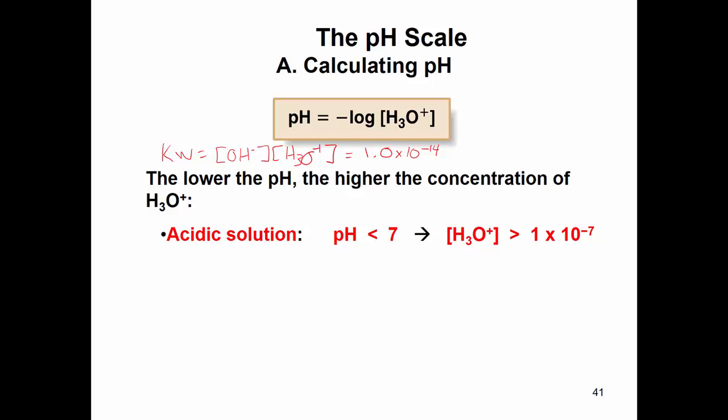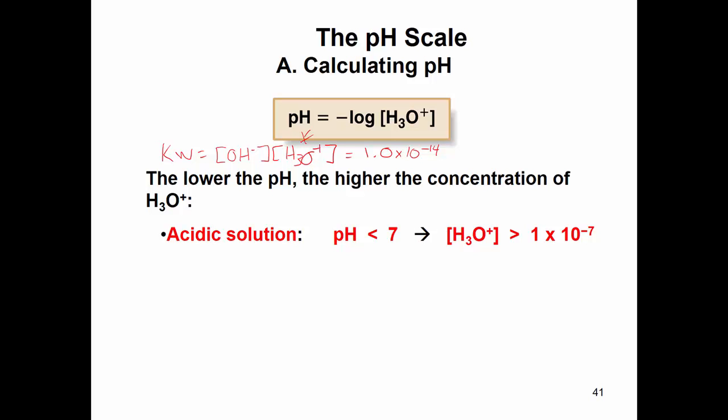All right, so we can now relate this to the pH scale. We'll look at that scale in a minute, you've probably heard of this before, but we relate it by a logarithm. So the pH, the power or the potential of hydrogen, is equal to the negative log of the hydronium concentration.